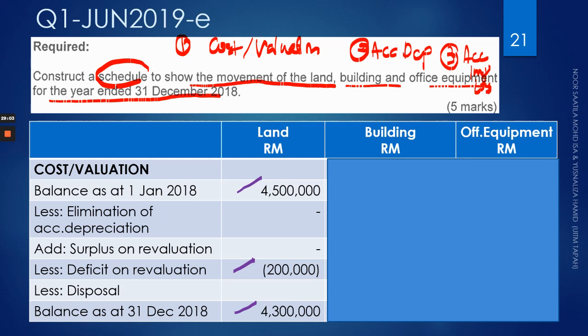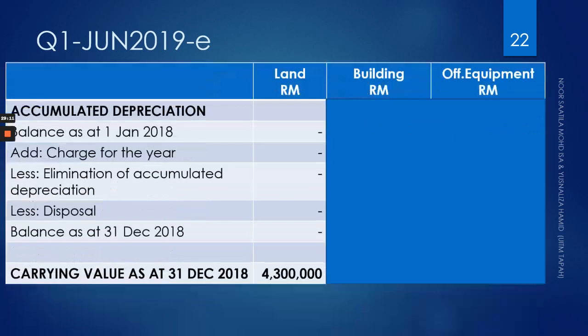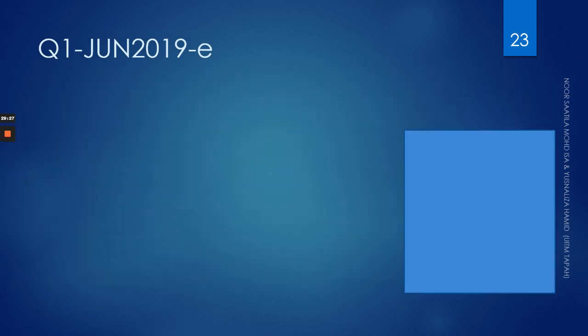And this is the revalued amount of the land. And then if you go to the accumulated depreciation for the land, there is no such thing. So therefore, the carrying value is 4.3 minus 0. Here 0, nothing. So you get 4.3. Cost minus accumulated depreciation, no depreciation.